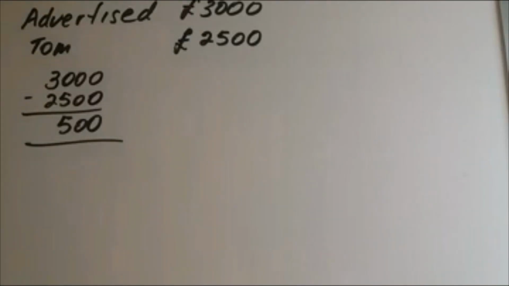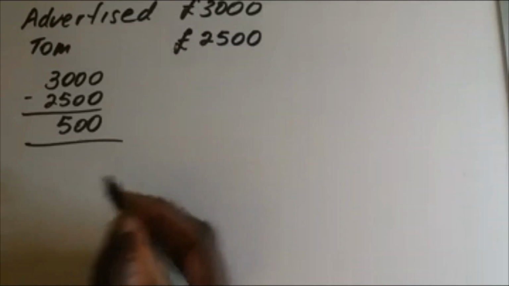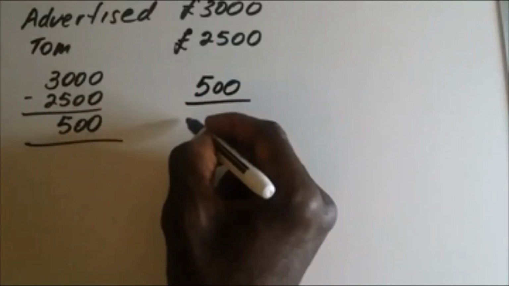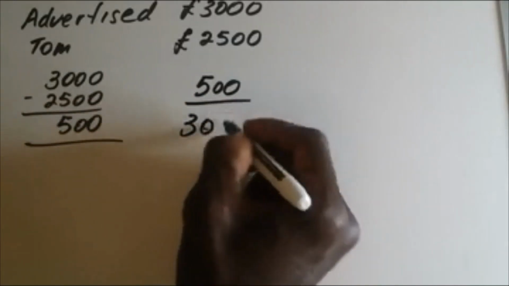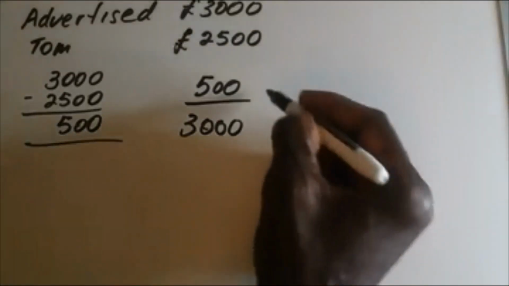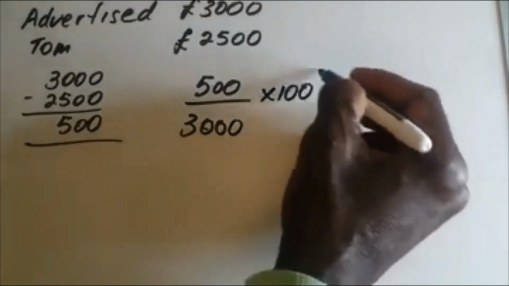But what percentage does that represent of the original or the advertised price? Well, it's 500 over 3,000, because you want to know what fraction of it you need to reduce in order for Tom to be able to afford it, and this is times 100%.